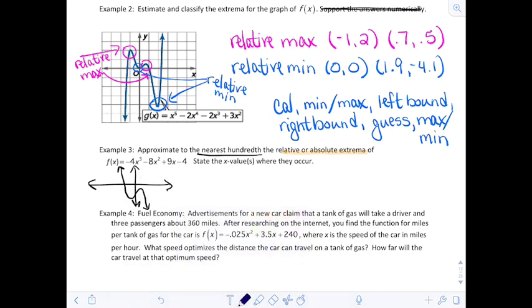So as I would go to my calculator and calculate this value right here, that is a relative min or minimum. And as I go through the steps for that relative minimum, I would find it's at negative 1.76 and negative 22.81.